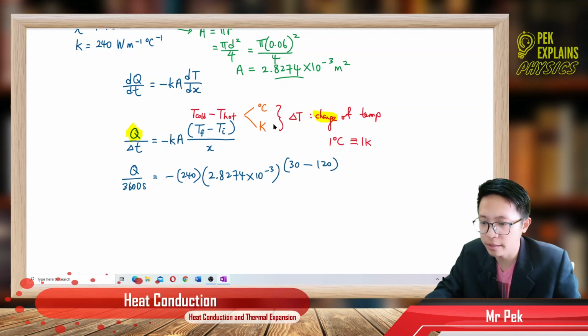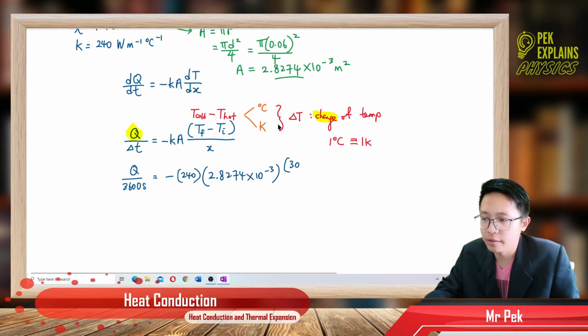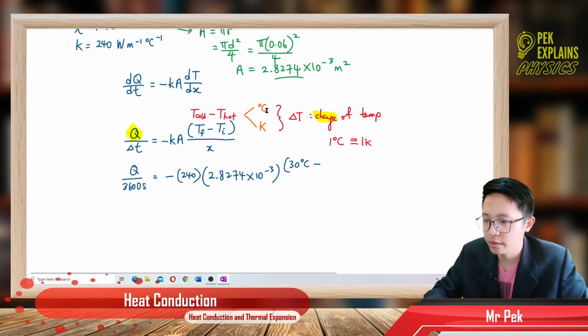So you can still maintain as degrees Celsius. Sorry, I think I should write it to clarify the unit. So 30 degrees, you can maintain as degrees Celsius because it's change of temperature. Change of temperature can use either degrees Celsius or Kelvin, both accepted, because 1 degree Celsius is equivalent to the change of 1 Kelvin.